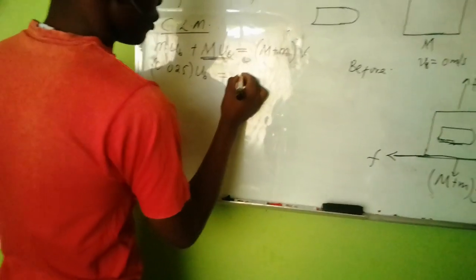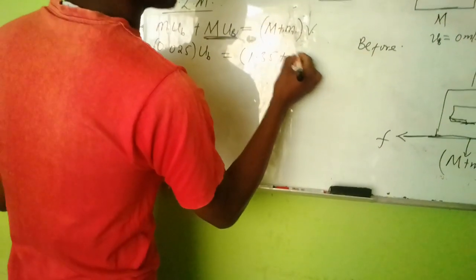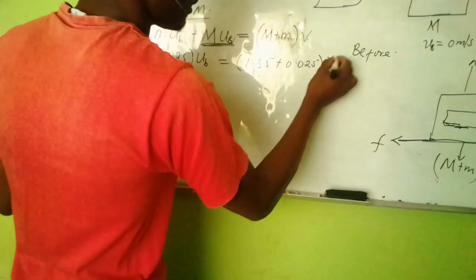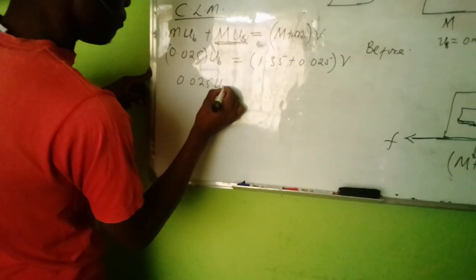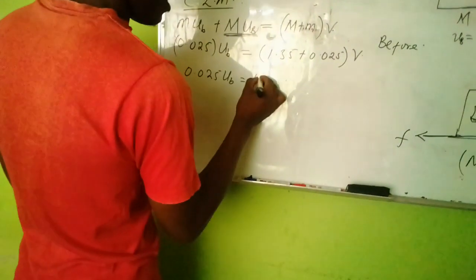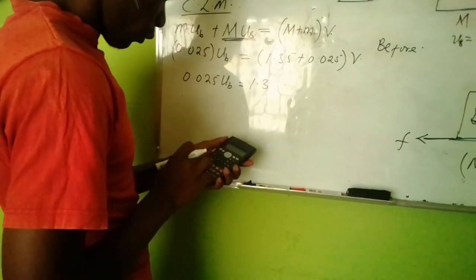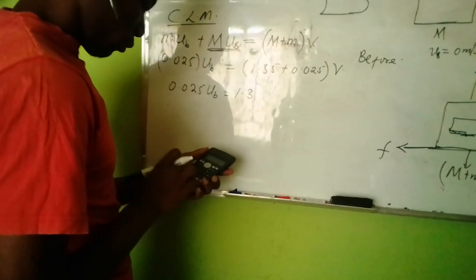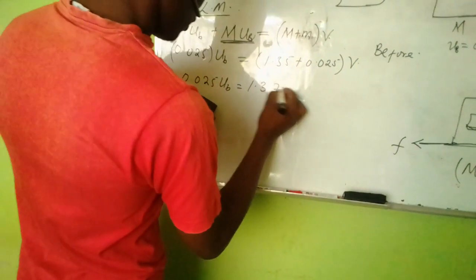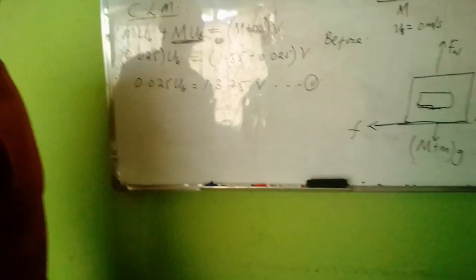And then we have equal to summation of 1.35 plus 0.025 times v. So we are going to have 0.025 ub equal to 1.375 v. So that is our equation 1. So we have that.